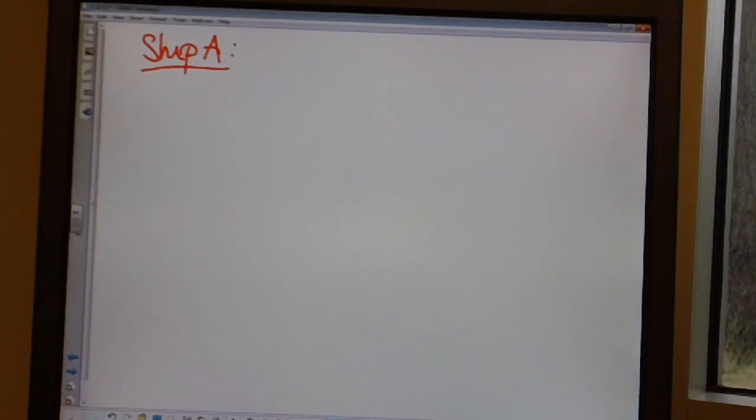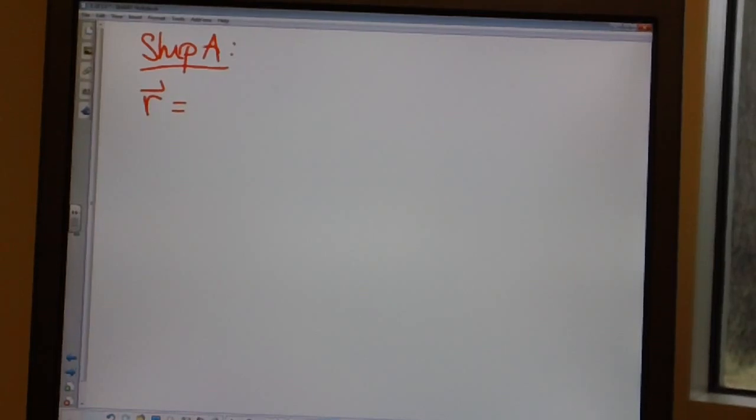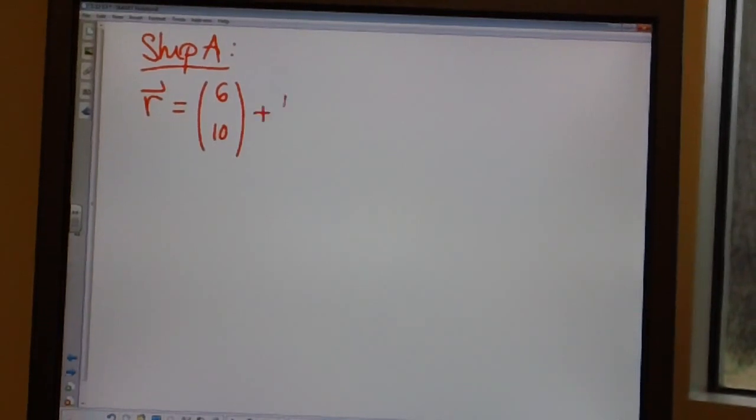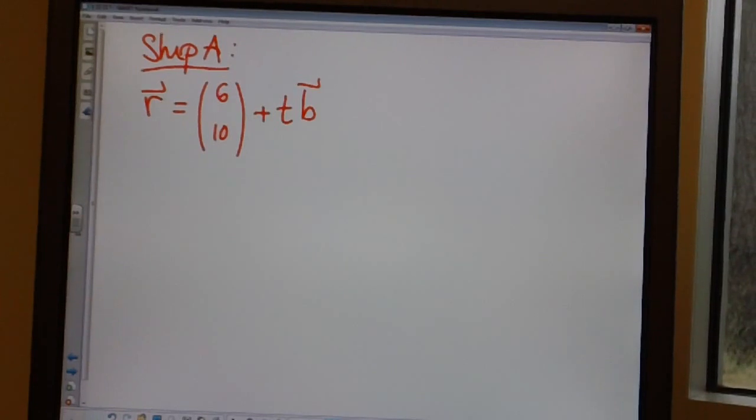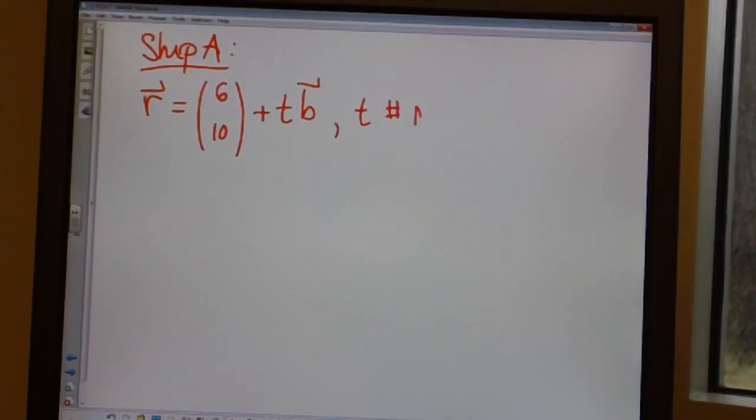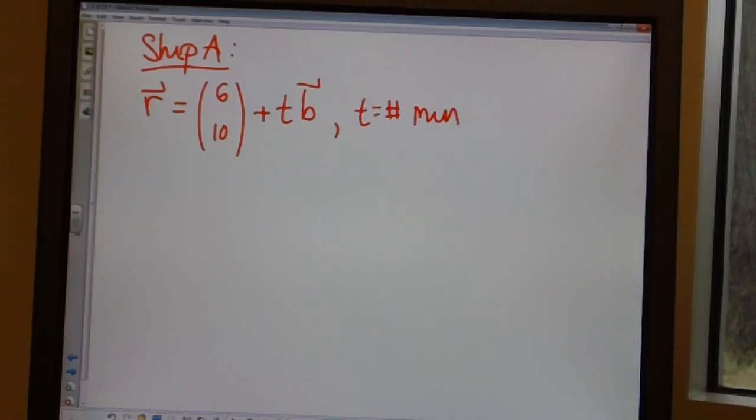All right, so for ship A, I know that its position vector relative to the origin is going to be equal to its initial position vector, which is 6, 10, plus t times its velocity vector, where t is the number of minutes after noon.